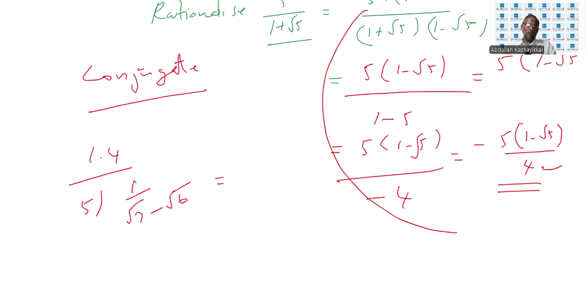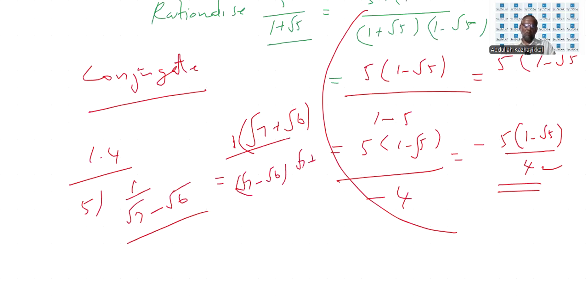The numerator is 1 into root 7 plus root 6, because minus means multiply with plus, by root 7 minus root 6 into root 7 plus root 6. That is the conjugate.